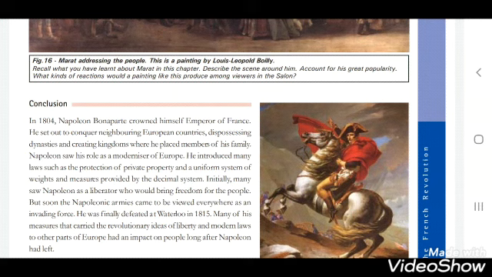Initially he gave a uniform system of weights and the decimal system, and he also gave the right to protection of private property. But slowly we saw the change in Napoleon: he focused on invading different parts of the country to extend his empire.